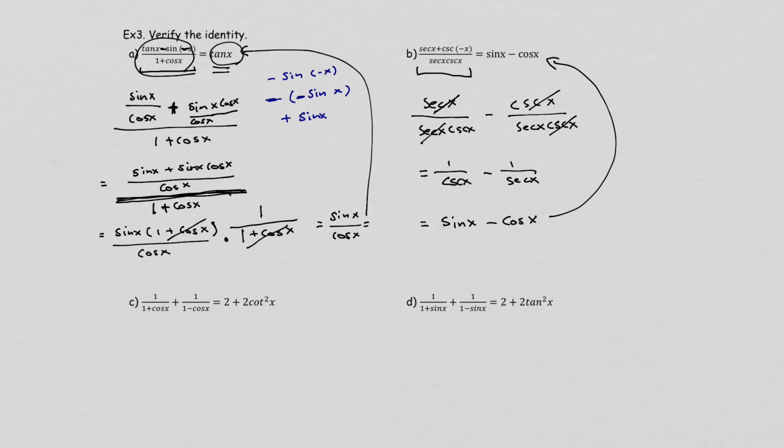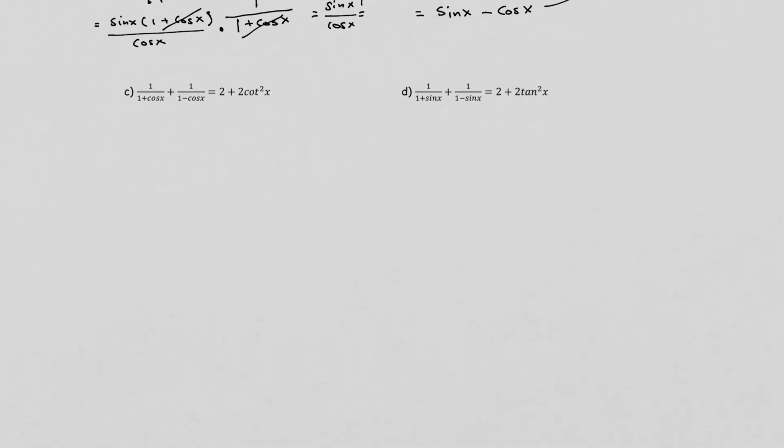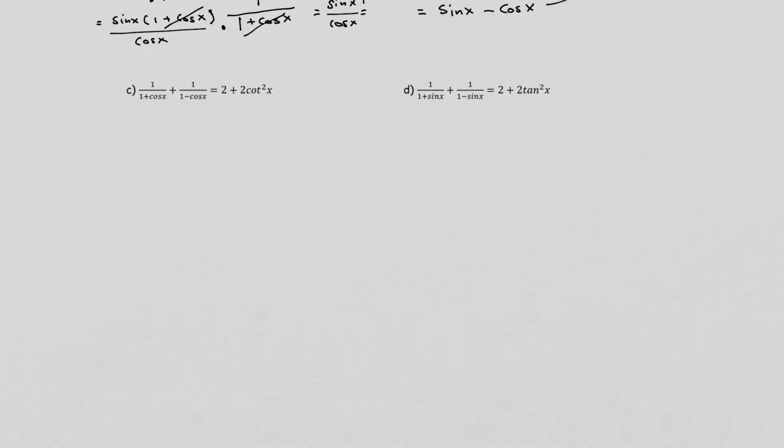If we're looking at problem C, I can start with the left side again. Same denominator is what I need to start with because I need to do additions. So if I make the same denominator, the least common denominator will be 1 plus cosine x times 1 minus cosine x.